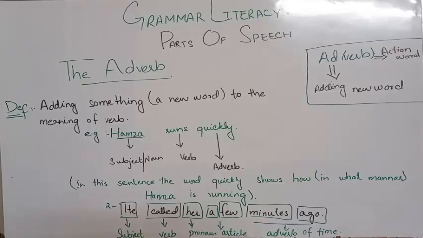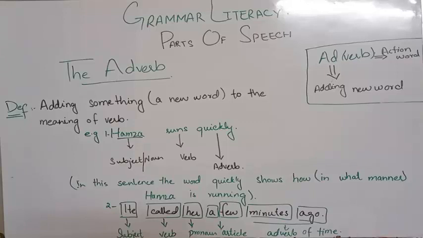It could be that somebody is asking: have you called her, where is he, why is he absent, why is he late, has anybody contacted that person? So the answer is: he called her a few minutes ago.